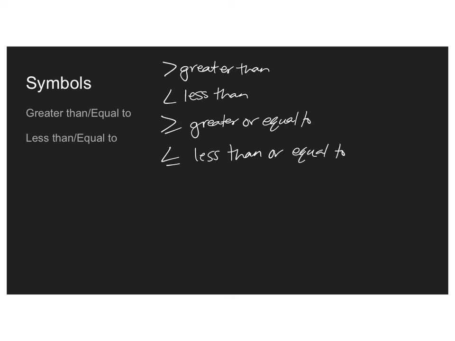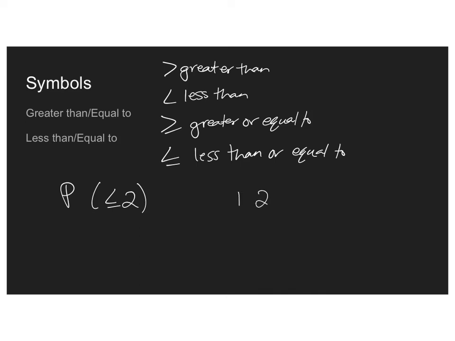So you might see something like this. The probability, which sometimes is just represented by the letter P, of less than or equal to 2. Okay, so it's the probability that's less than or equal to 2.